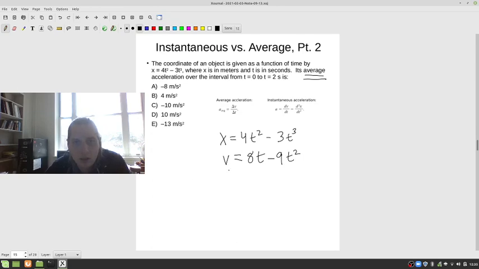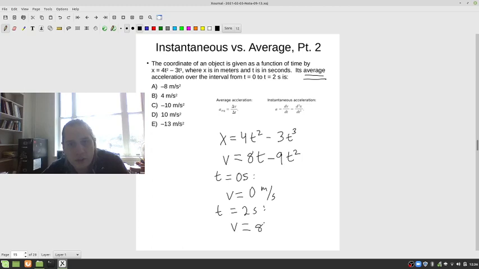So, if I can find at t equals 0 what the velocity is, and I can find at t equals, so all I did, I put in 0 there, I put in 0 there, got 0. And I can put in at t equals 2 seconds what the velocity is.